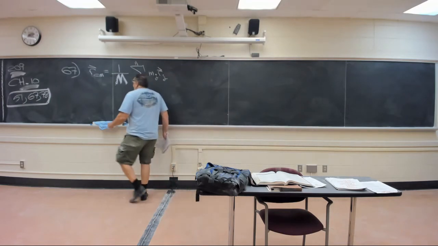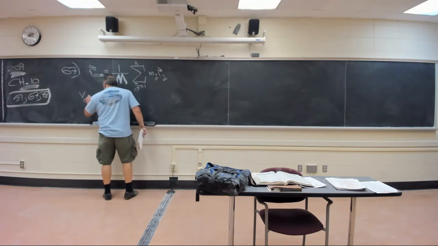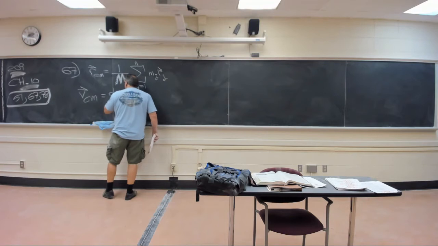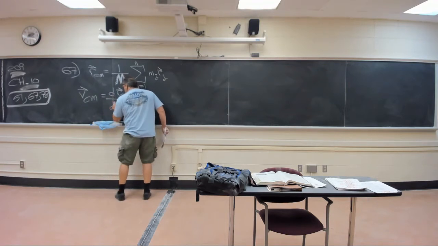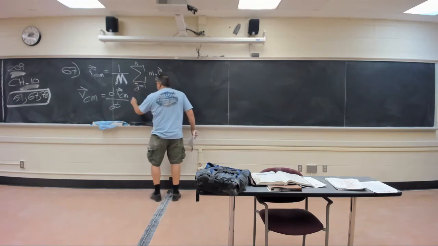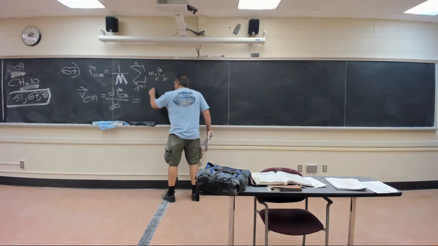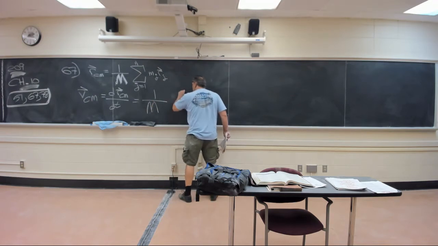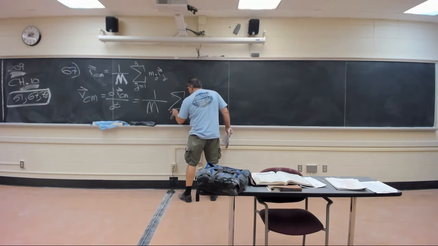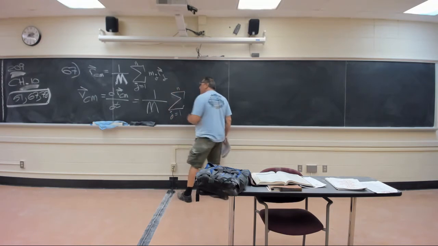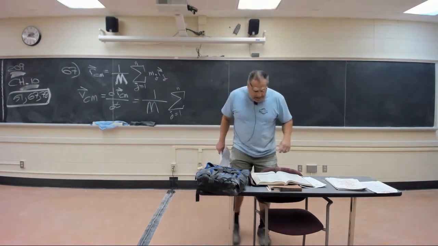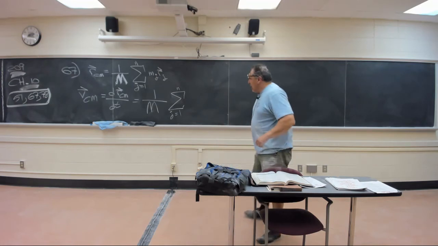I will say this much: wouldn't the velocity of the center of mass, wasn't velocity the time derivative of the position vector? The time derivative of the position vector is, here's still a constant for you guys, the summation. I usually use I, they use J, so let me stay with J. I think they went all the way to N on this one. Yeah, they did.